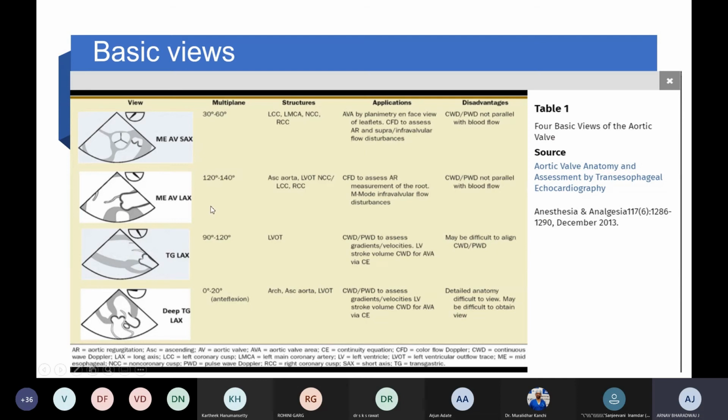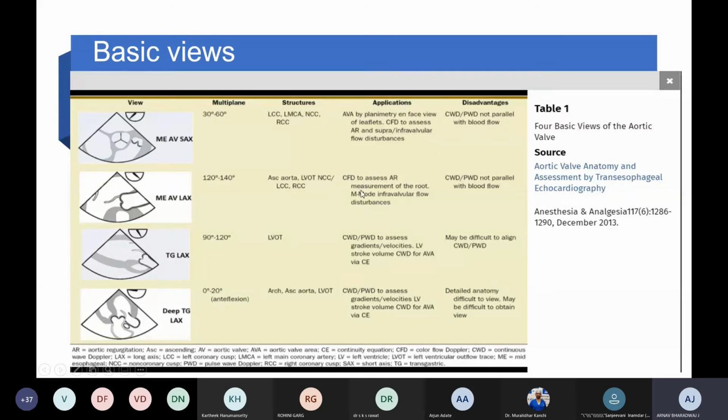The second view is the mid-esophageal long axis view, which is obtained by turning 90 degrees from the first view, around 120 to 140 degrees. Here we can see the ascending aorta, LVOT, coronary cusps, etc. And in the LVOT we can see the SAM as well as the hypertrophic septum.